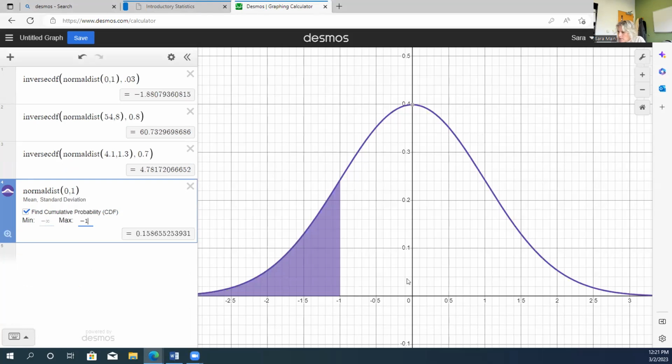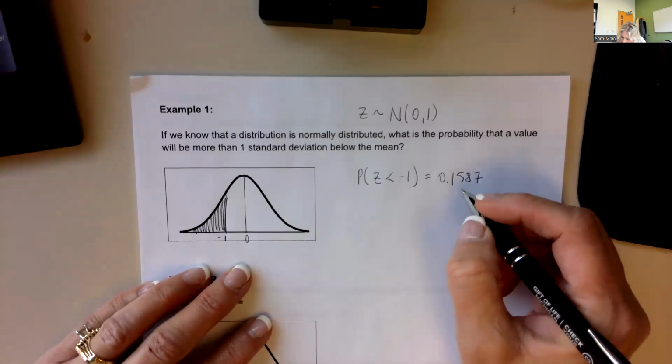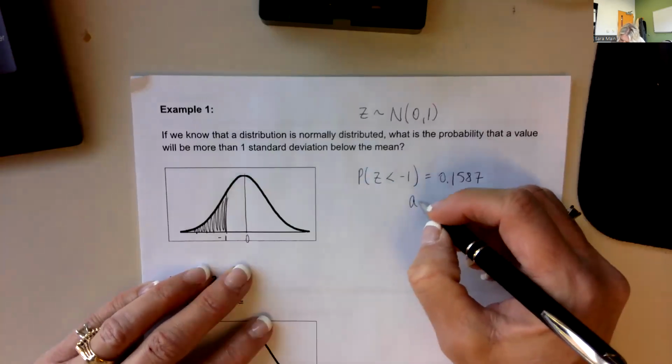So my picture in Desmos should match my picture on my paper. And that area is equal to 0.1587, rounded to 4 decimal places. Always round appropriately, 0.1587. And that's written like this on my paper. You can say it's the area or probability.